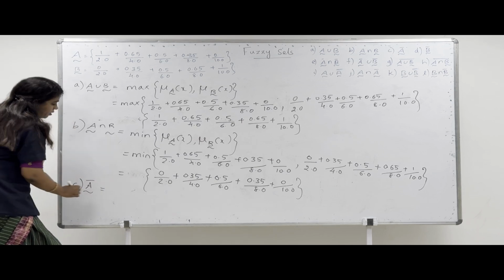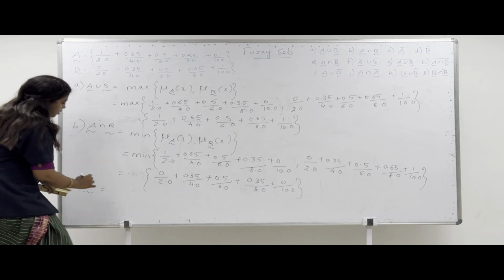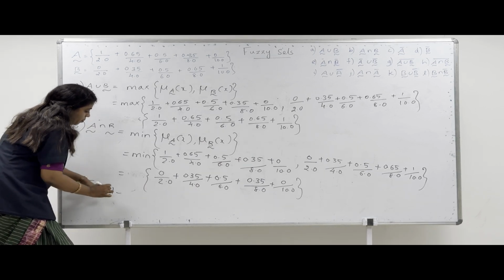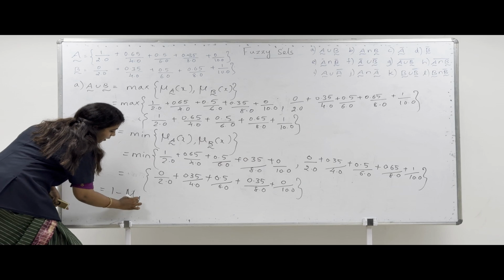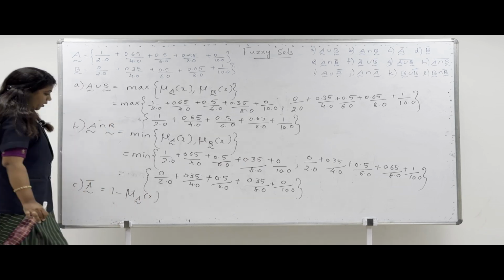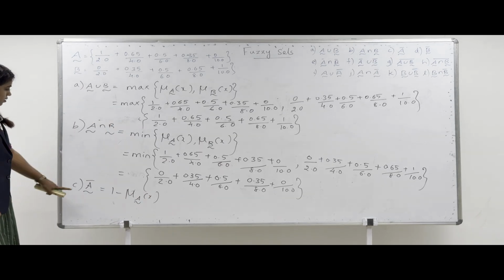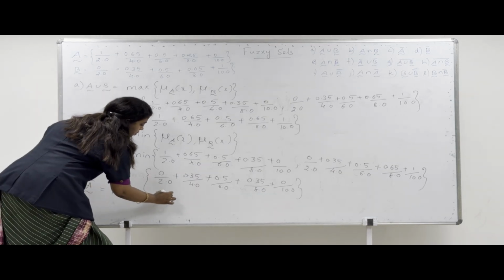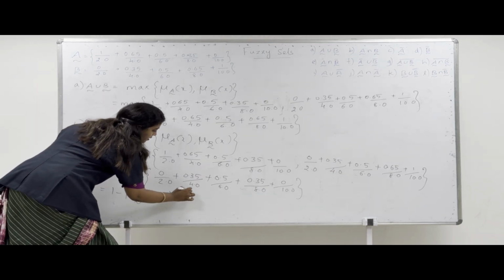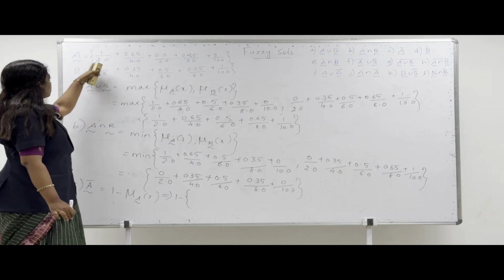Next, the third one is A bar. The formula is 1 minus membership A of x. Here 1 minus, what is the value for membership A of x?